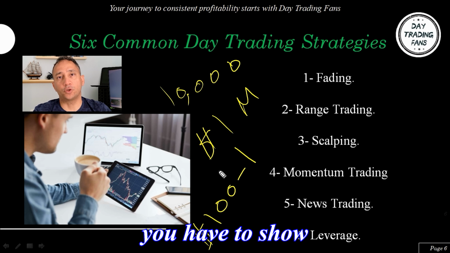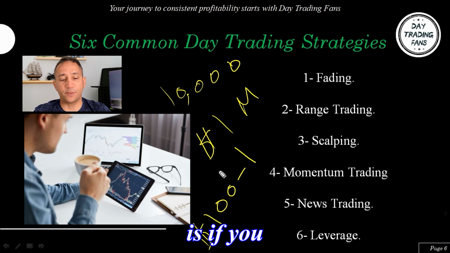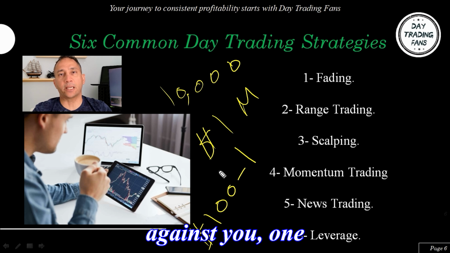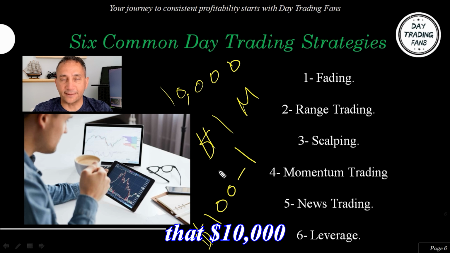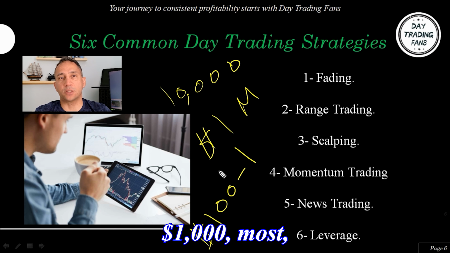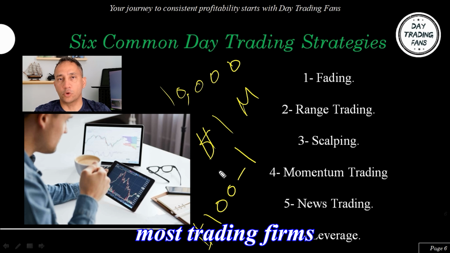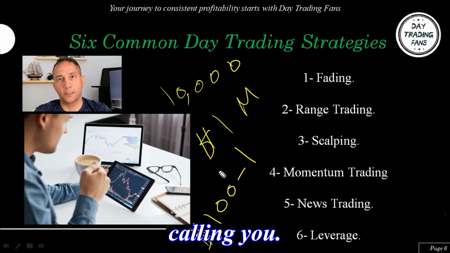Of course, you have to show the brokerage firm that you're responsible, because if you put all $1 million into one trade and it moves one tick against you, 1% against you, that $10,000 is gone. And as soon as you hit $1,000, most proprietary trading firms will liquidate all your positions immediately without even calling you.